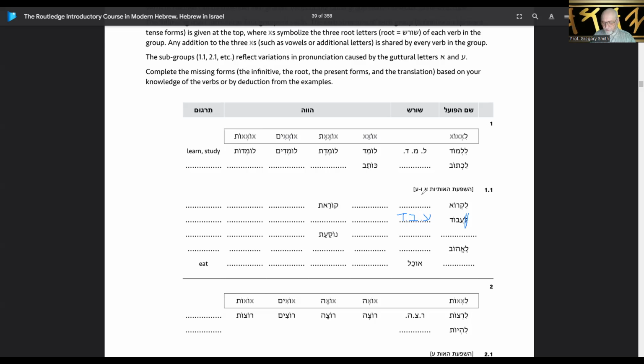So then if you go back to our, okay, let's see here. Yeah, there we go. Okay, so the masculine singular on that is going to be oved.